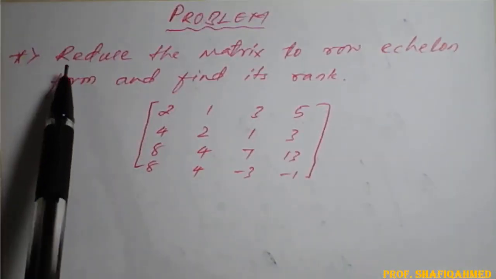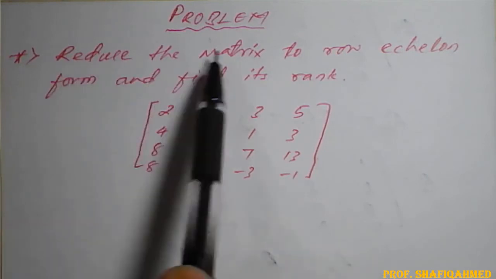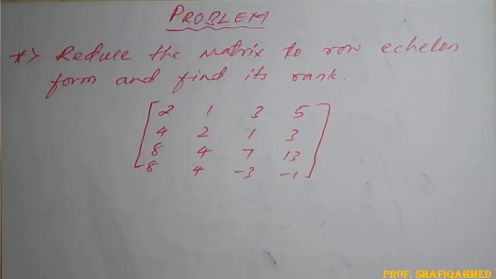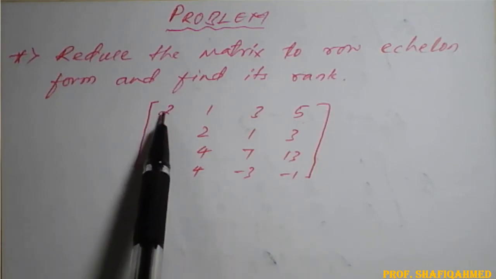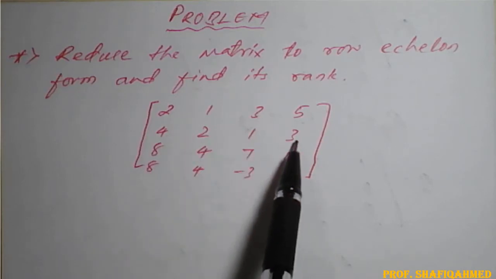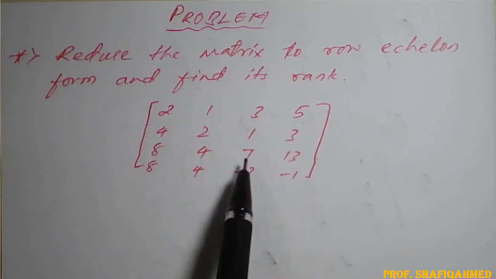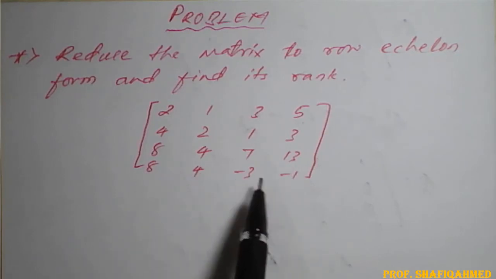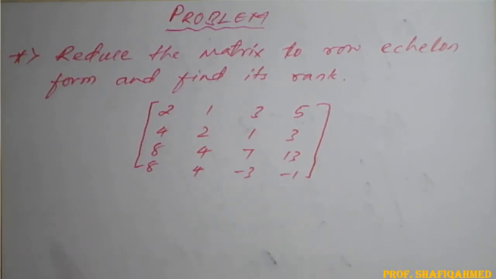Hello students, the problem is reduce the matrix to row echelon form and find its rank. The given matrix is 2, 1, 3, 5, 4, 2, 1, 3, 8, 4, 7, 13, 8, 4, minus 3, minus 1. So this is the given matrix.